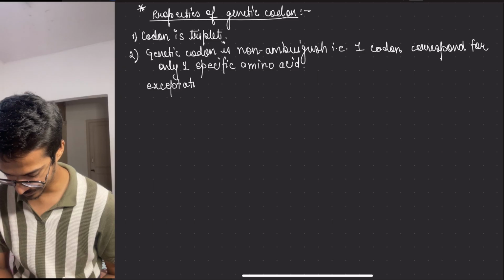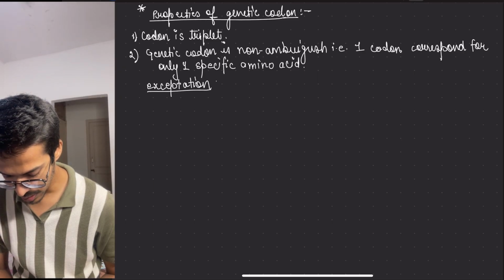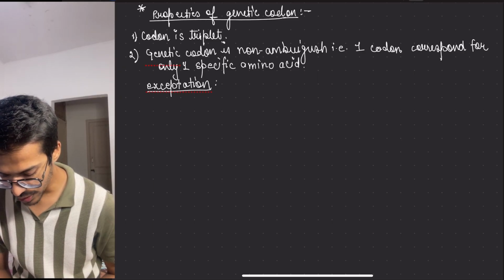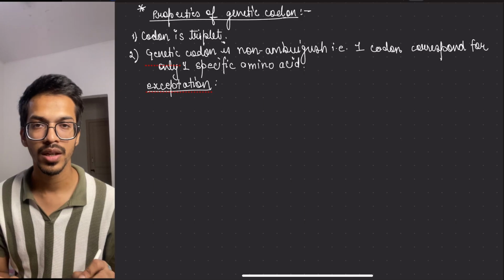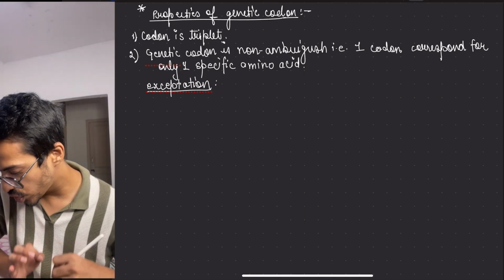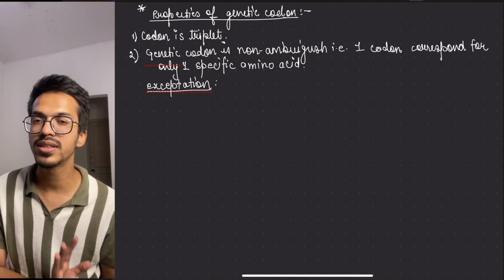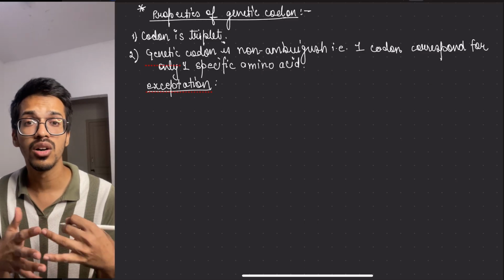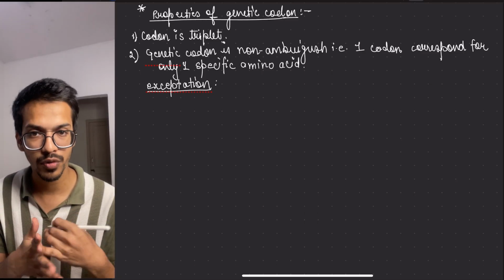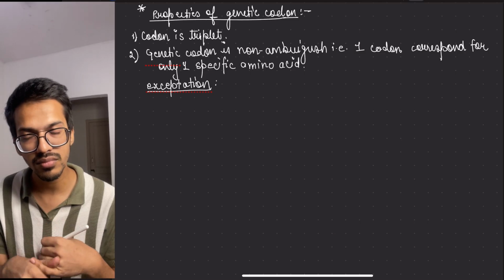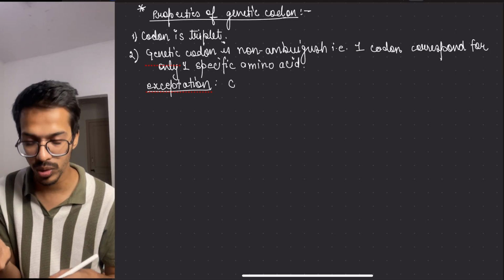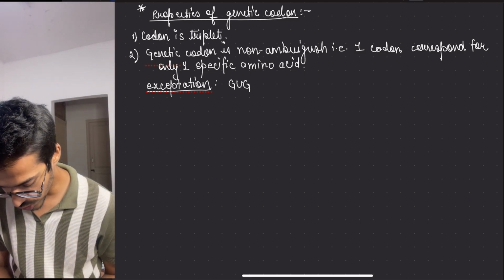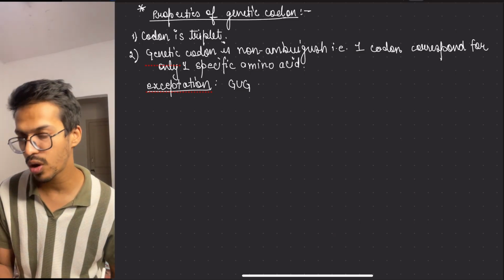There is an exception, though. Normally your start codon is AUG, but sometimes GUG comes at the start position and starts coding for methionine, formyl methionine. That's the problem. GUG normally codes for valine.